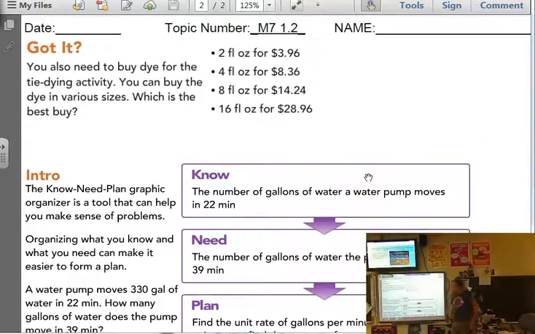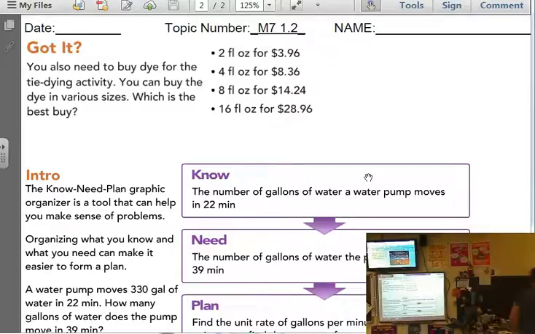Sweet. Yeah. Question. Isn't 1.2 set to be due at the end of today?